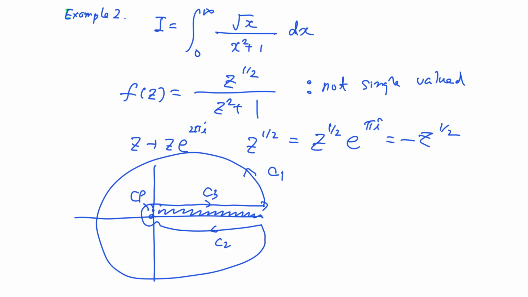We have two poles, right? i and minus i. Say this is R.